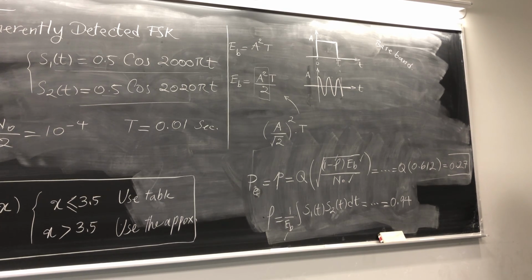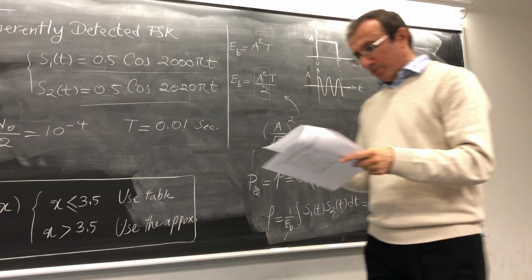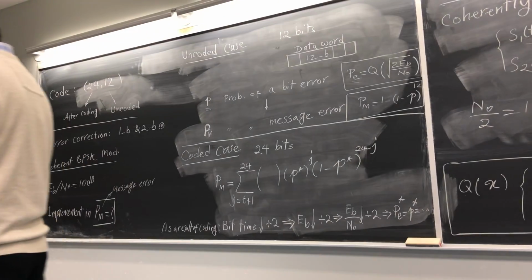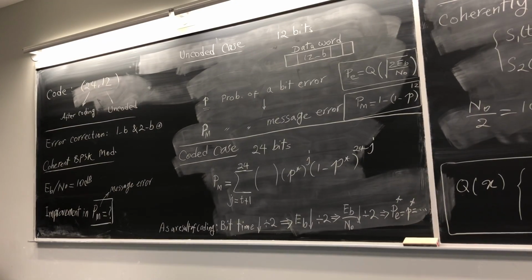So let's get back to chapter 3 and see if there's any, do you guys have any problem with the problem set, or shall I pick one? We have already solved some of the problems.